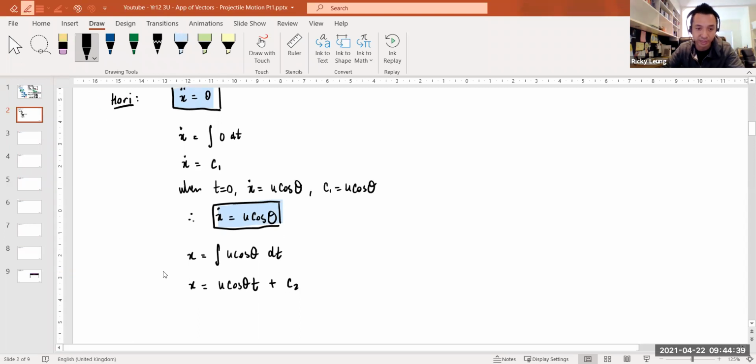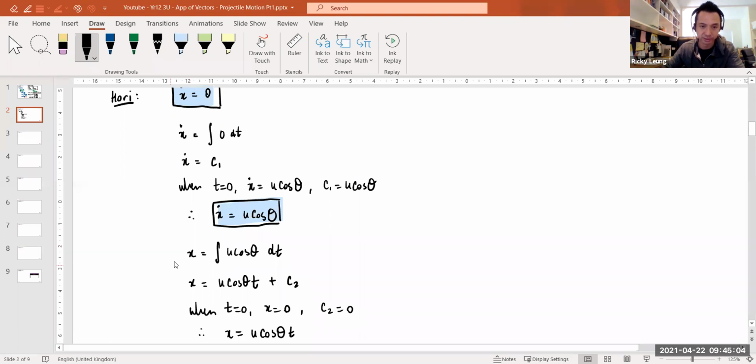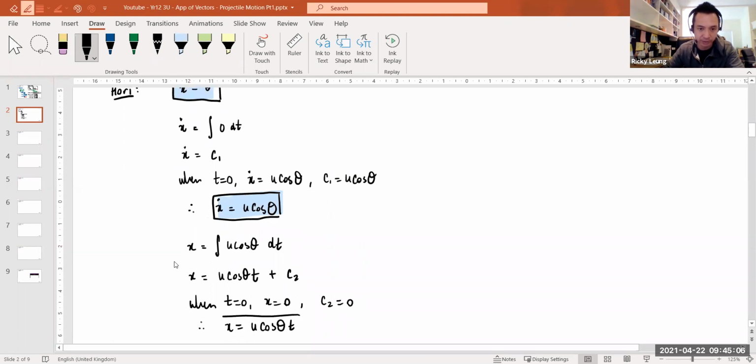And then I use, once again, the initial conditions, when t equals 0, I know that x starts at 0, so the horizontal distance starts at the origin. Therefore, if I sub 0 into there, you'll see that c2 is 0 as well. That's nice, because therefore my horizontal displacement formula is x equals u cos theta times t, right? Pretty straightforward. Nothing too controversial there.